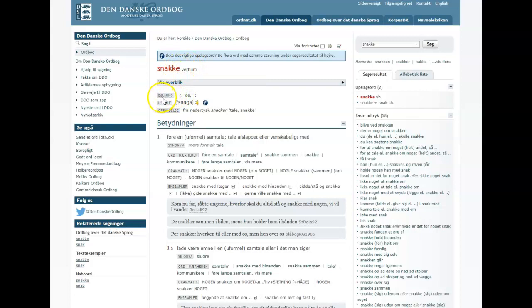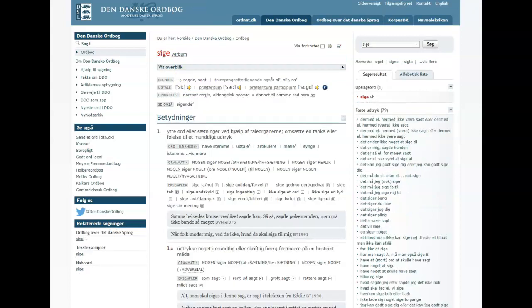Then under conjugation, you add an r for present tense, or you add de for past tense, or you add a t for present perfect, or another verb here, sige, which is a group 3 verb, an irregular one. So you add an r for present tense. This is the past tense, it's written out, sagde. And the present perfect, they don't mention the har, because it comes with all of the verbs, so they just mention this form, sagt.